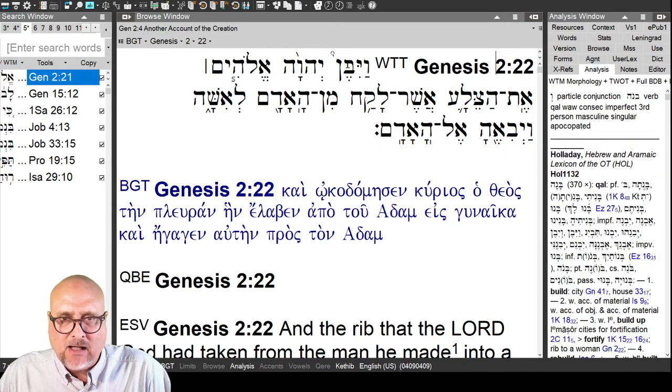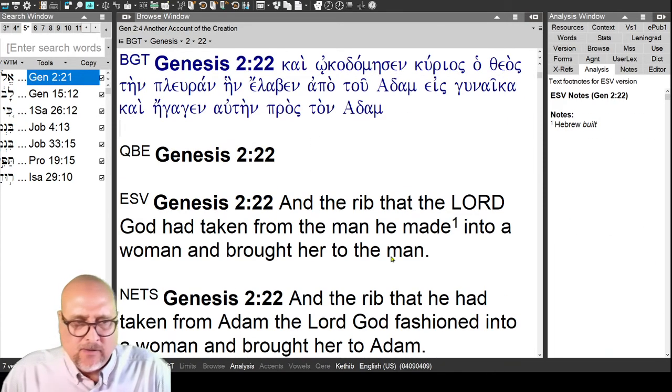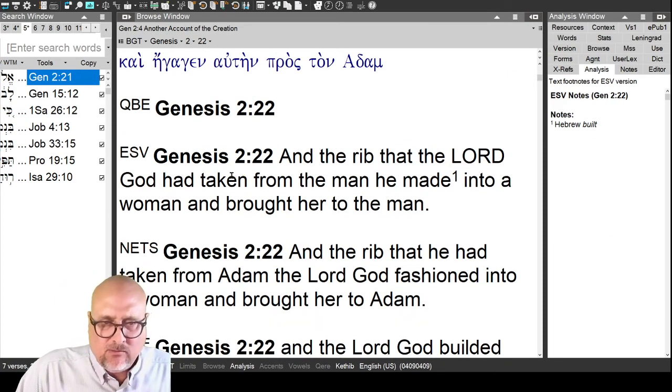He banad it into a woman. In the ESV, do you see how it says made, but it has a footnote there? Do you see the footnote? Whenever there's a footnote in an Old Testament text, it's telling you there's something really important there in Hebrew.